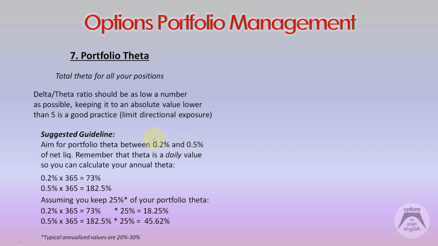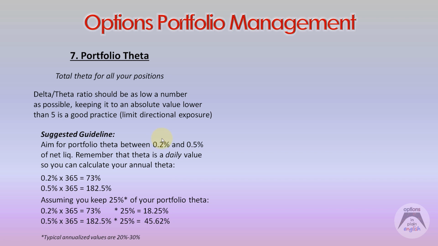Anywhere below 0.2, you're not going to make a lot of money, and you're going to go for returns that are very close to what the normal market gives you. So why go through the whole process of managing an options portfolio if you can just buy the spiders or NASDAQ or whatever it is that you feel is going to go up during the year?